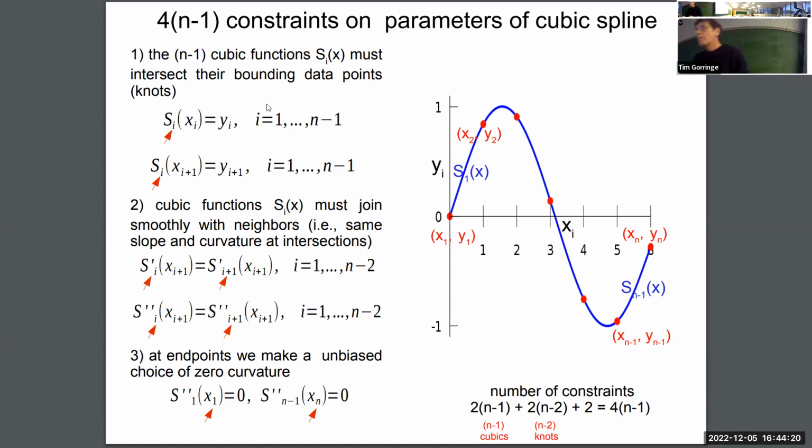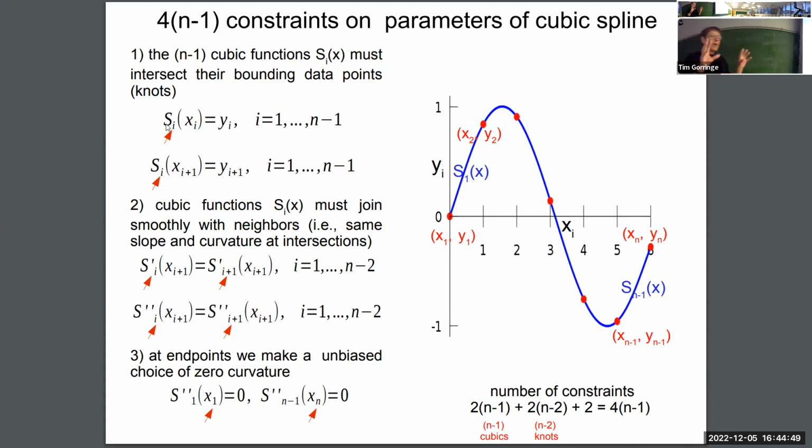And so one pair of constraints on this particular spline between the first 2 points is that the polynomial, remember we called it S, has to be equal to y1 at x1, and equal to y2 at x2. So that's one requirement.